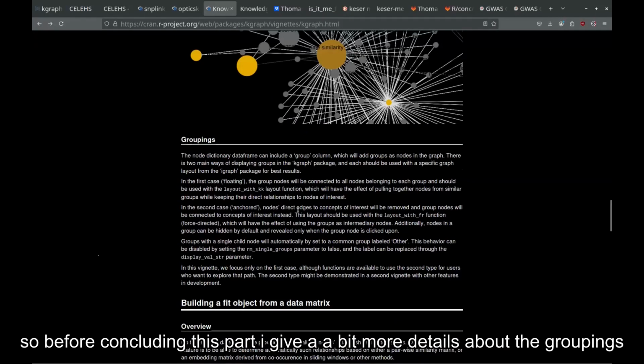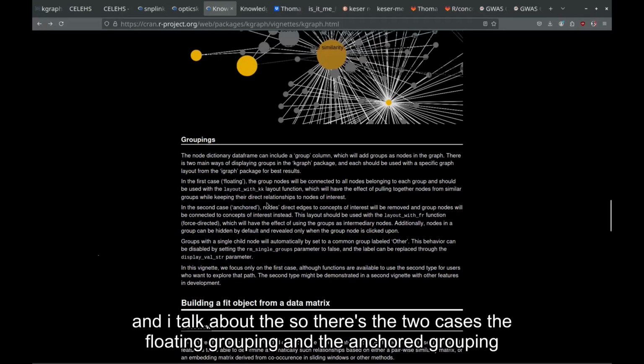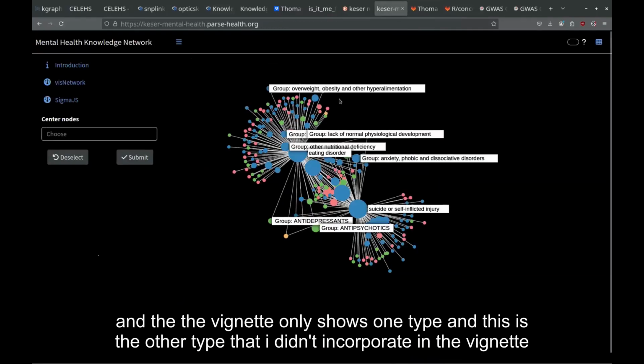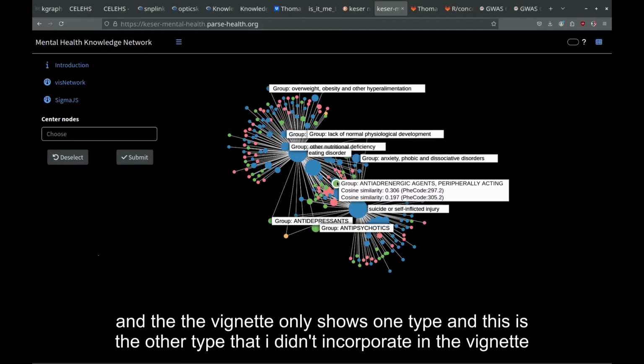Before concluding this part, I'll give a bit more detail about the groupings. There are two cases, the floating grouping and the anchored grouping. The vignette only shows one type, and this is the other type that I didn't incorporate in the vignette.